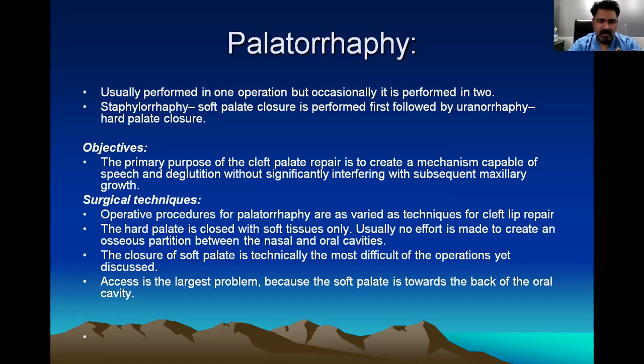The objectives of palatal repair are to create the capability of speech and deglutition. See, all the palatal procedures are mostly for speech and deglutition, because they are functional repairs, and for the lip, mostly aesthetics is the first reason, and confidence of the patient is the second.